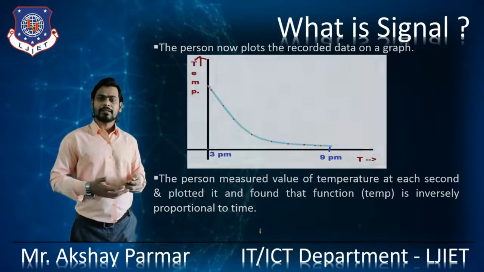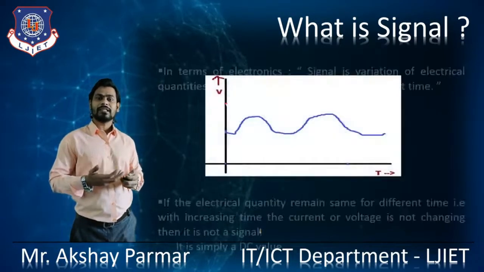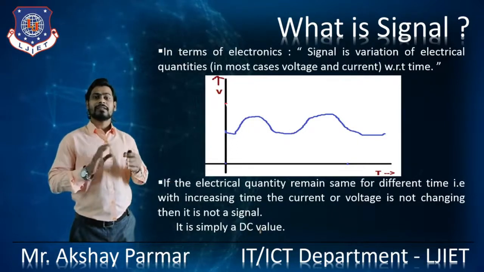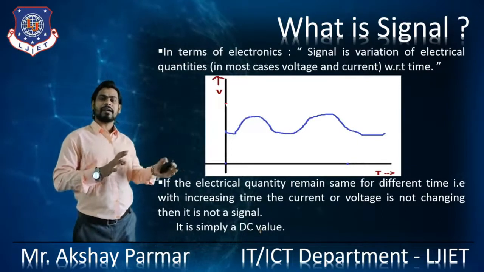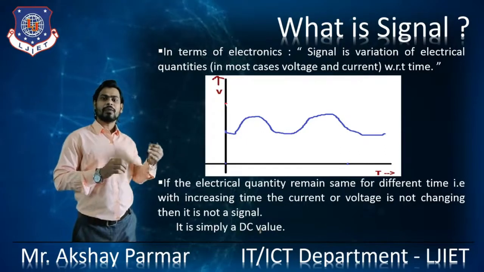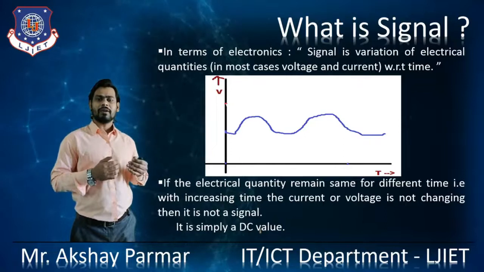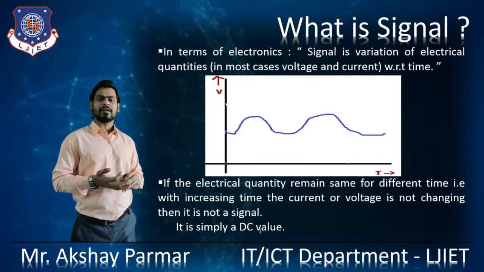In electronics, signals are the variation of a physical quantity with respect to time. In most cases, the electrical quantities are voltage or current.